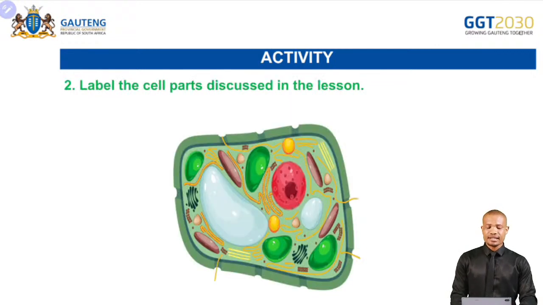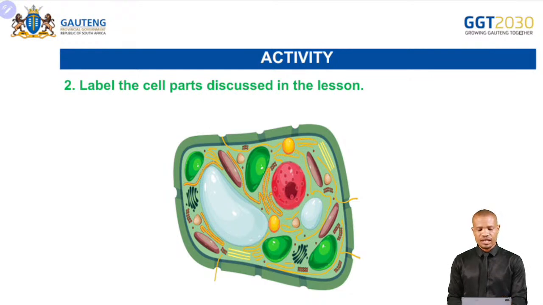Label the parts discussed in the lesson. So we talked about many parts in the lesson, but let's just quickly go through the things that we talked about in the first question. We said this is a plant cell because of the presence of the cell wall, which is this outer rigid layer, and we have large vacuoles over here, and we have these green organelles, which are our chloroplasts.